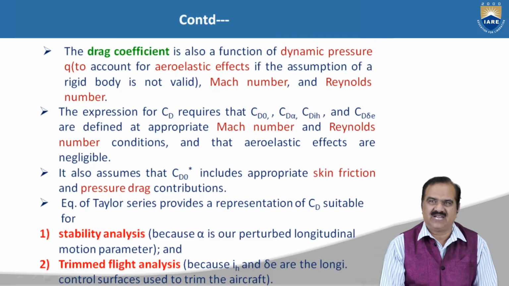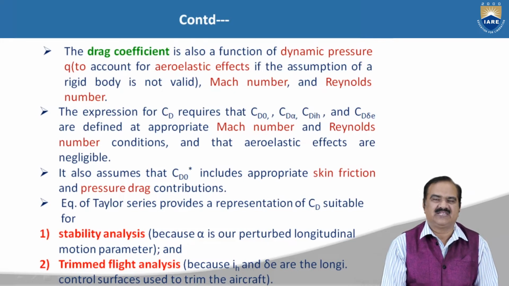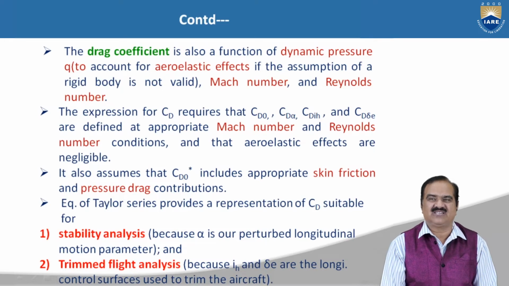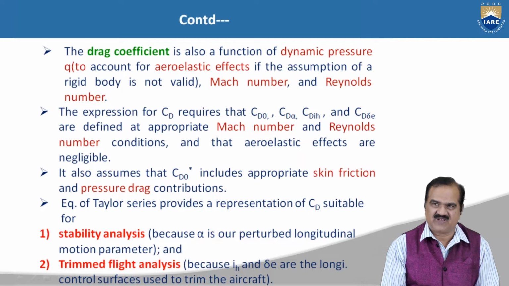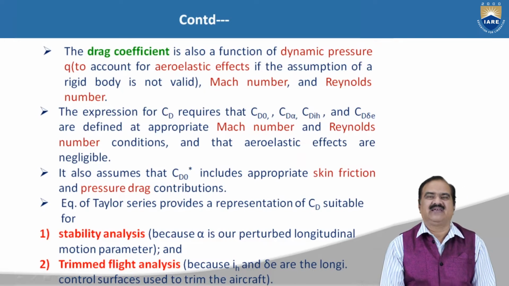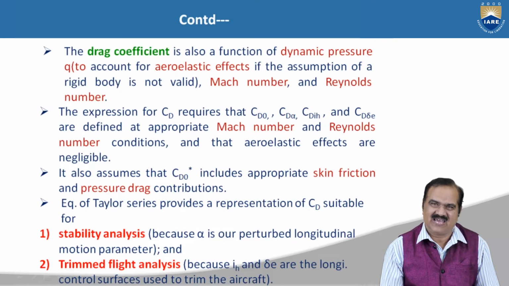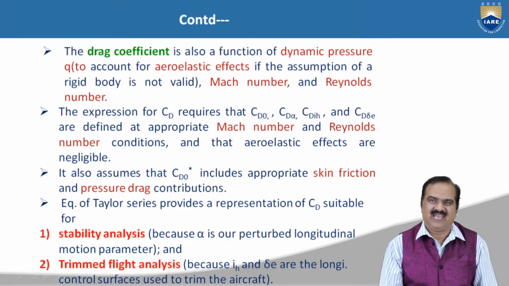So the drag coefficient CD is a function of all these 3 also: the previous 4 plus these 3. First is the dynamic pressure, second is the Mach number, and third is the Reynolds number. I think you all know what Mach number and Reynolds number are, so I will not explain in detail in this lecture.